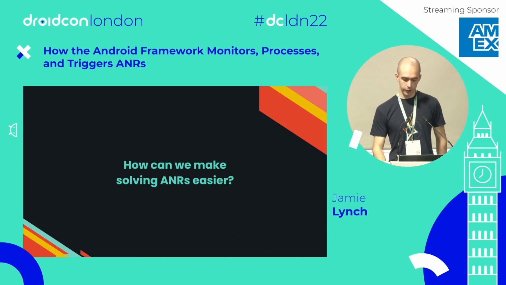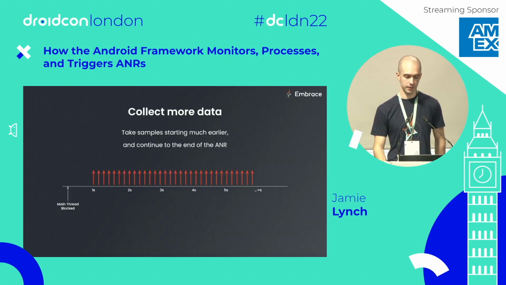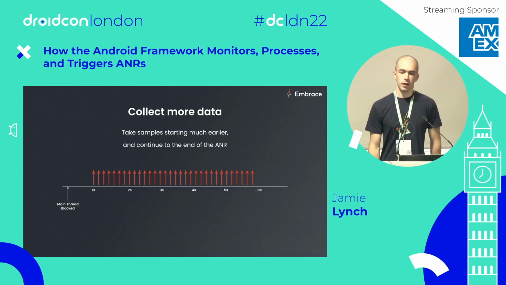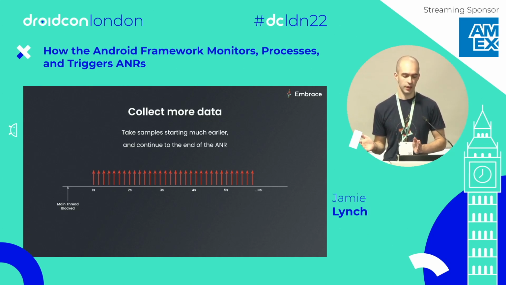So let's talk a little bit about other approaches for solving ANRs a little bit more easily. One approach is to sample the main thread at a much earlier point and keep going until the ANR ends.